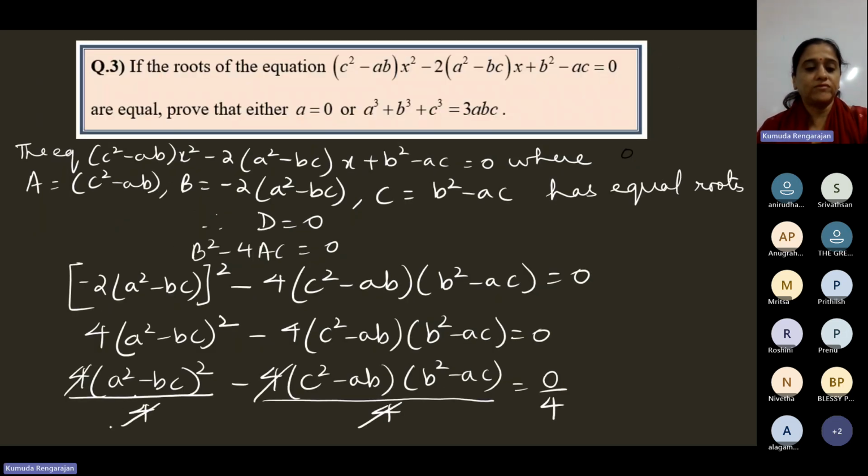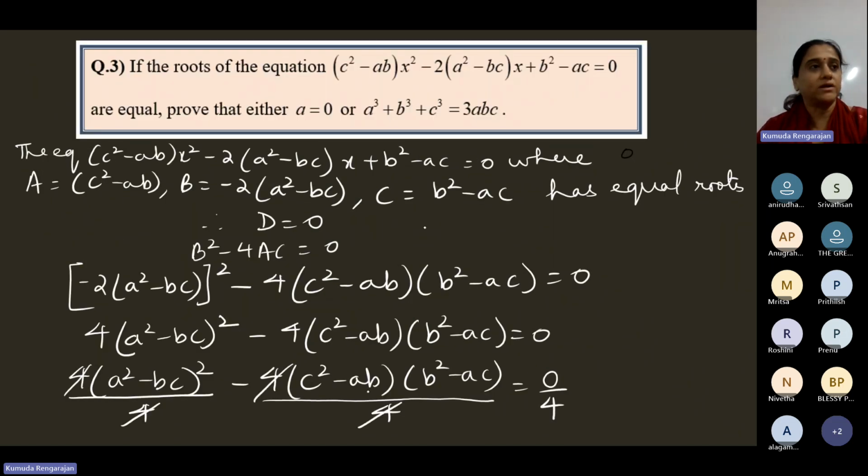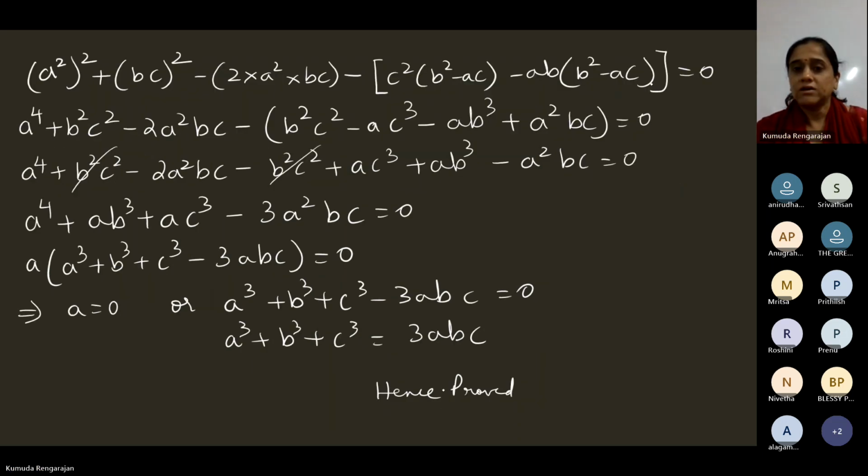After this, we have to expand (a squared minus bc) the whole squared. Like (x minus y) the whole squared is x squared plus y squared minus 2xy. Here, keep the minus sign outside, and inside the square brackets find the product (c squared minus ab) into (b squared minus ac). Please use a square bracket because the minus outside is applicable to every term in this product.